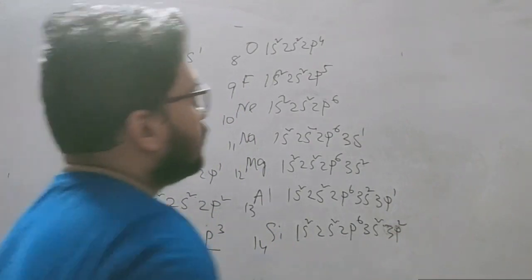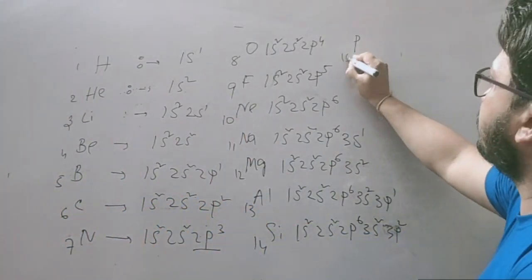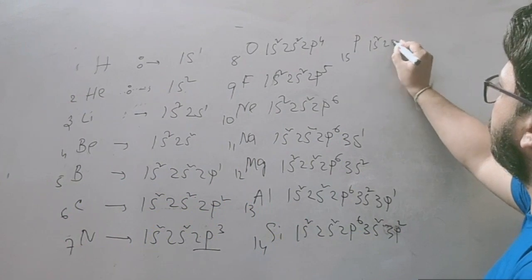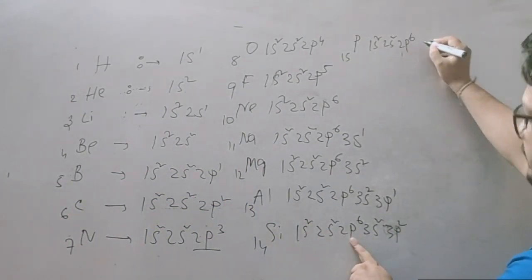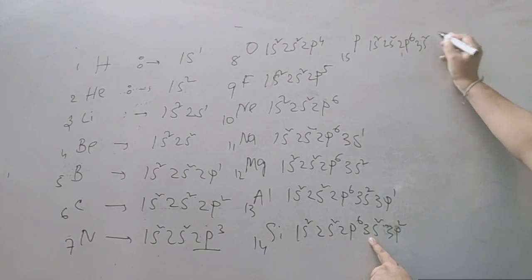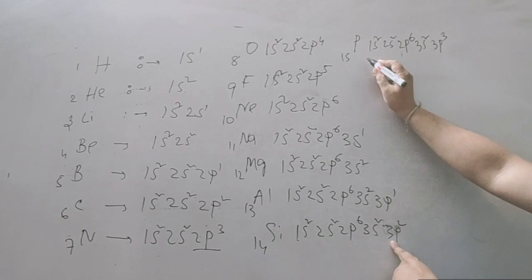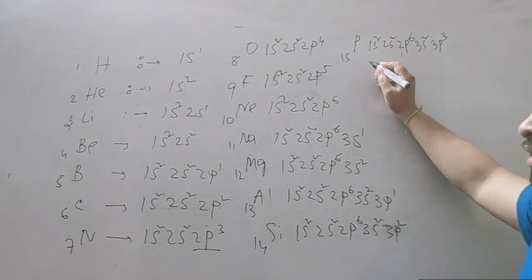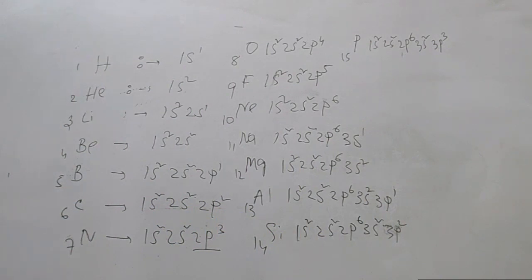Now phosphorus, 15: 1s2, 2s2, 2p6, 3s2, 3p3. Okay, so those are the simple tricks to find the electronic configuration.